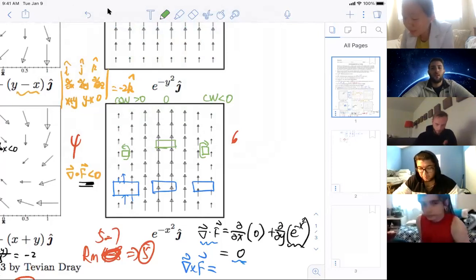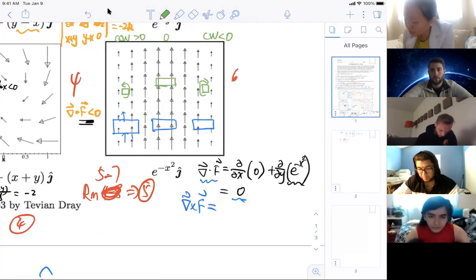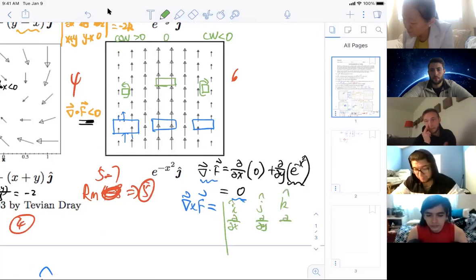It's telling us the curl is different at different locations of the field, and we wanted to see if that is indeed true. We can try to confirm that with our math. The curl is 0, 0, e to the negative x squared.